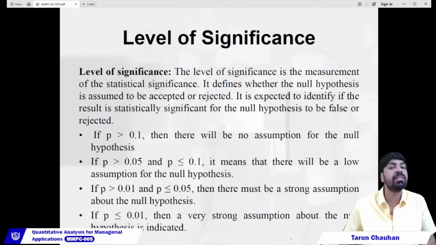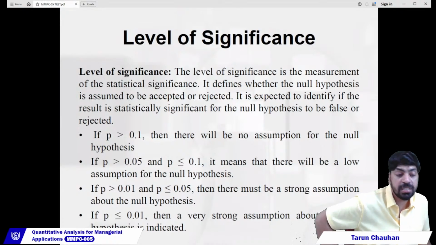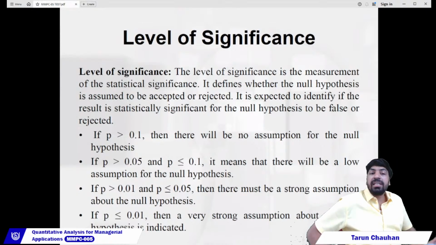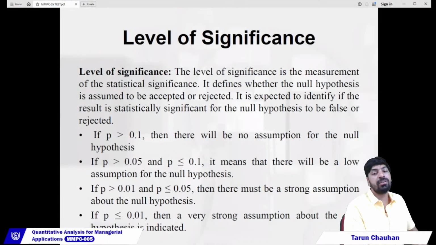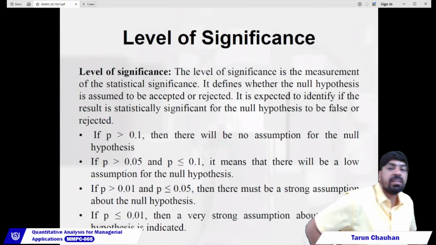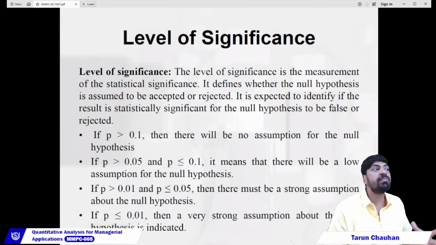Under the chi-square test, the level of significance would be 0.01 or 0.05. Based on these levels of significance, the null hypothesis will be tested by the researcher. So this is all about the level of significance, which is one of the measurements of statistical significance.